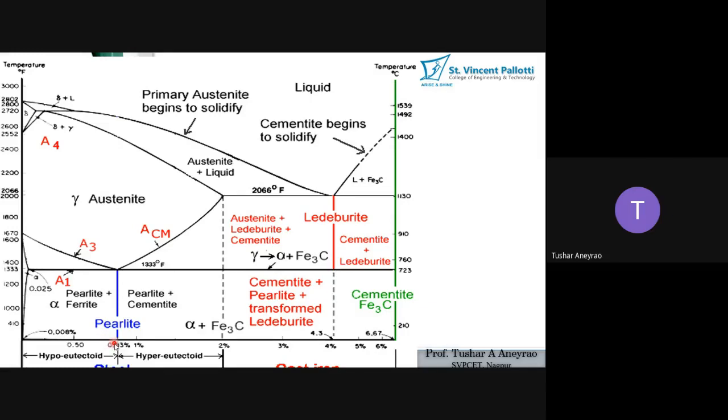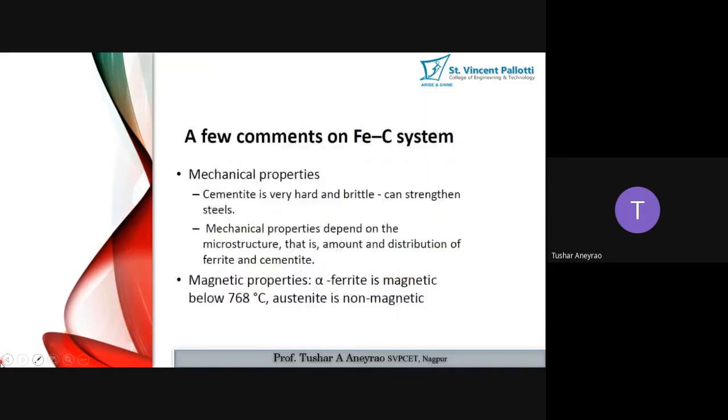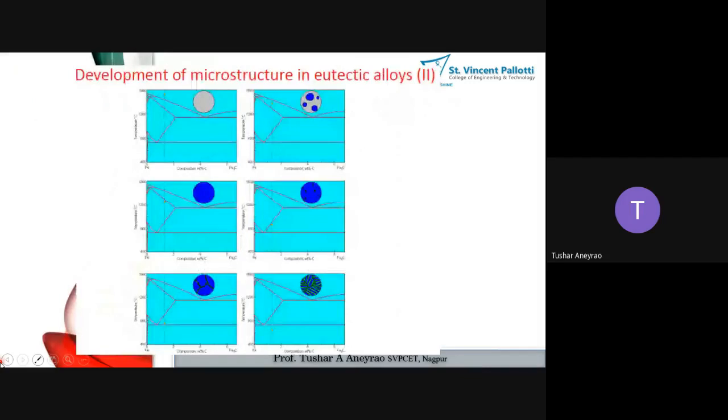Are you able to understand? Now if you are at 0.5%, then you are going to get comparatively large amount of alpha ferrite sites than the perlite sites.